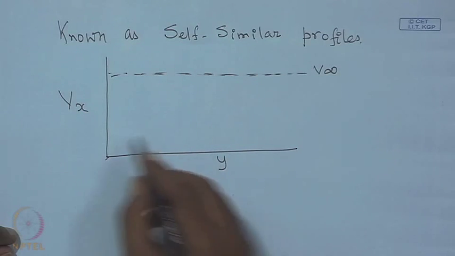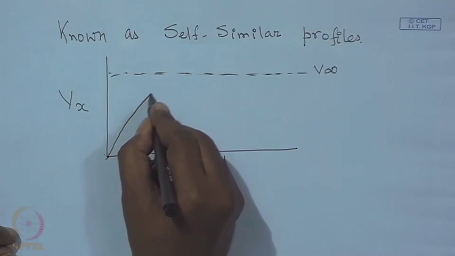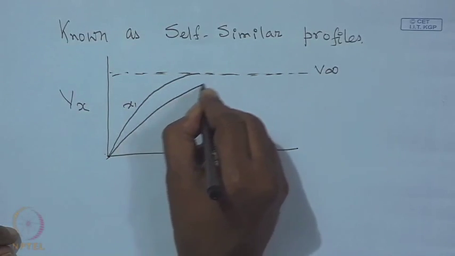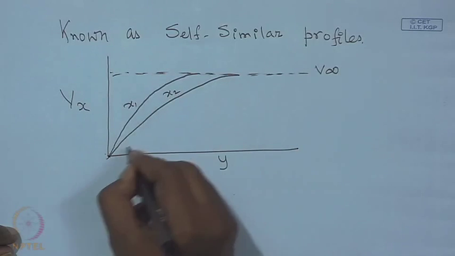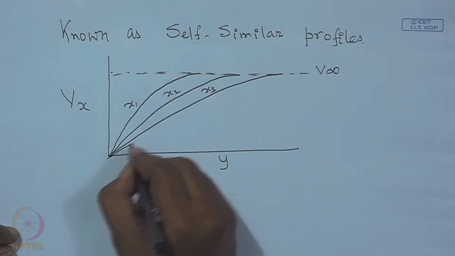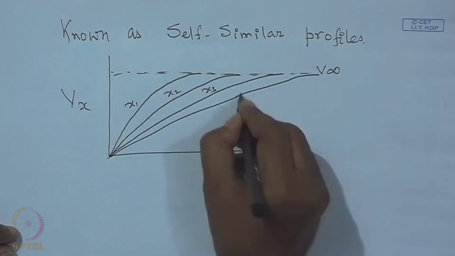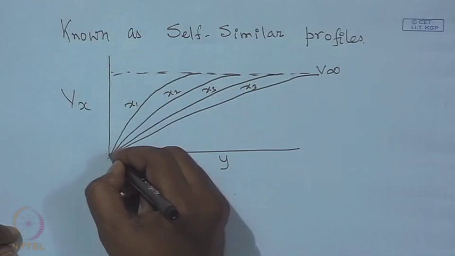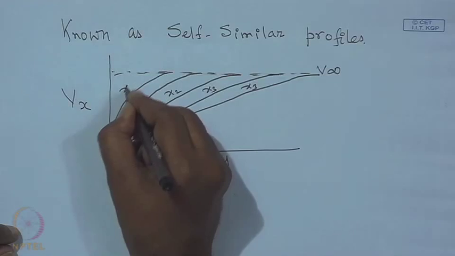So, this is a particular x location, this is another x location, this is another x location, this will be another x location. So, there may be another profile here. So, this is x naught.